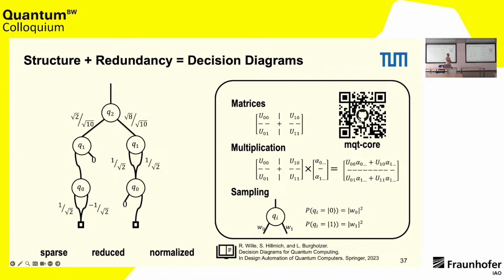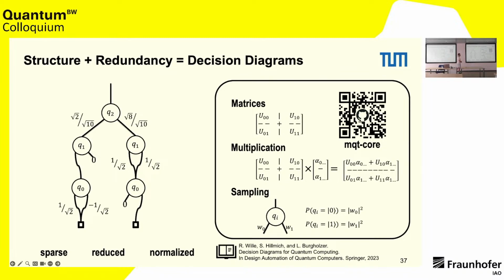The basic things you need is you need to be able to represent vectors. You need to be able to represent operations, matrices. There it works pretty similarly. Instead of just having 2 successors, you have 4, each quadrant of the matrix. You need to do matrix vector multiplication, or even matrix-matrix multiplication is helpful at times. You can essentially recursively break that down.